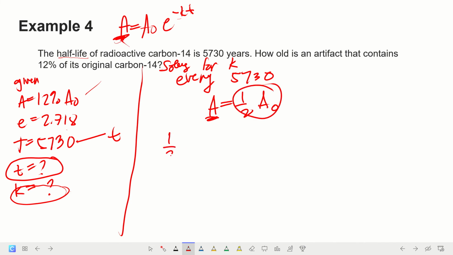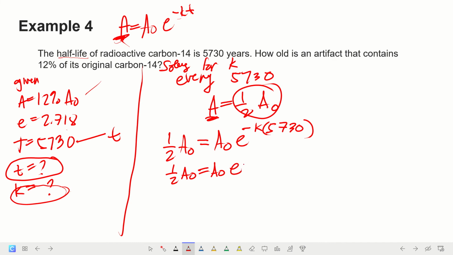So, 1/2 A sub O is equal to A sub O times e raised to negative k times t, and yung time natin dito is 5,730. So, this is after 5,730 years, yung value natin will be 1/2 of the original. So, therefore, we have here 1/2 A sub O is equal to A sub O times e raised to negative 5,730 times k.